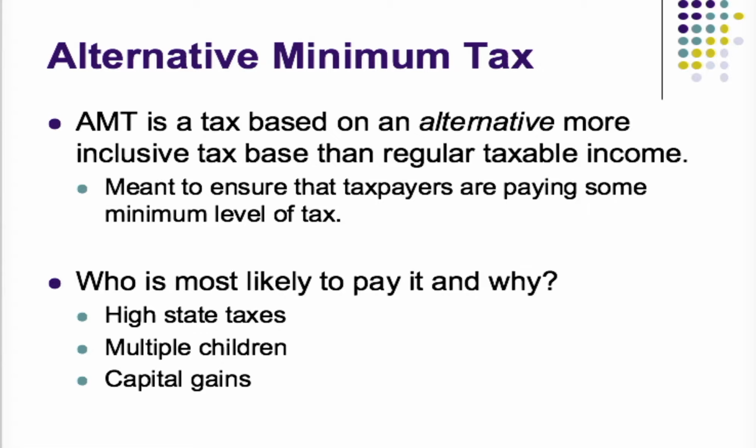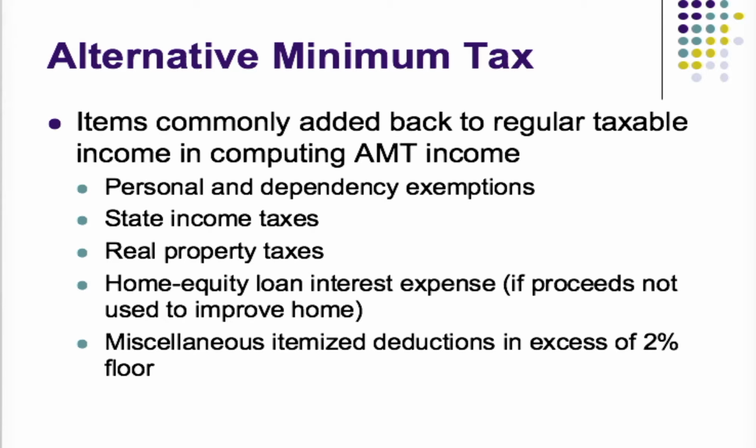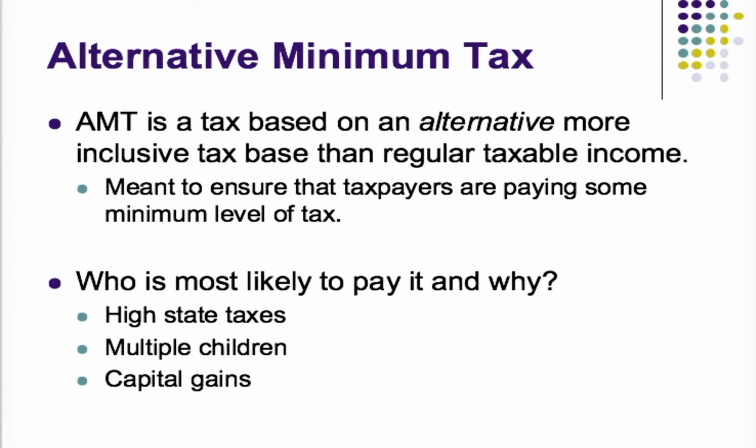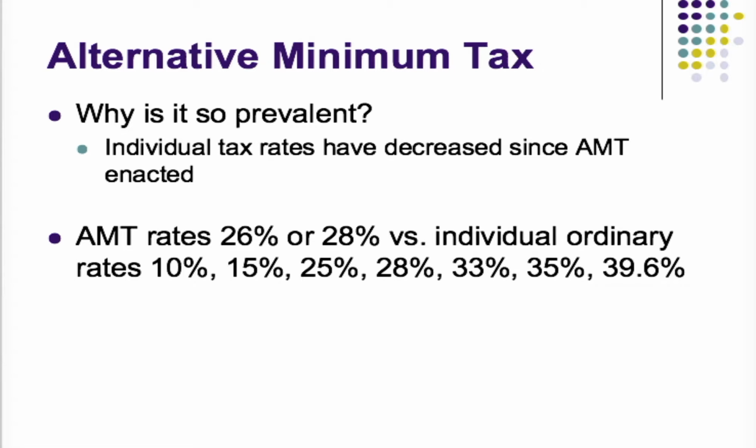If a lot of what's getting you out of your tax liability comes from those sources that we talked about here, that is an indicator that there's a likelihood that you would owe alternative minimum tax. So this just indicates that alternative minimum tax ends up happening a lot more than it used to, and the reason why.